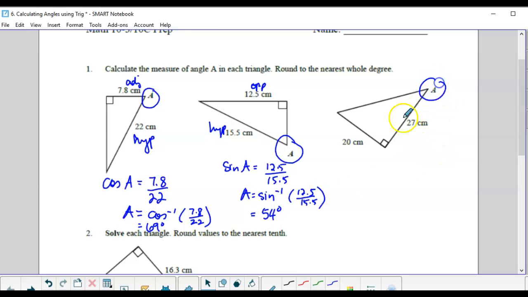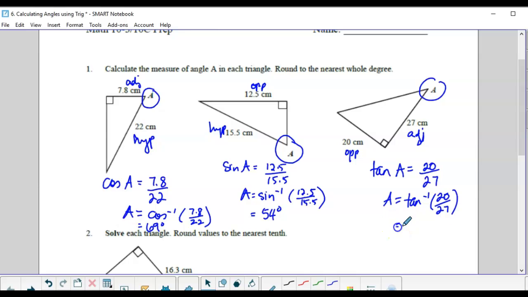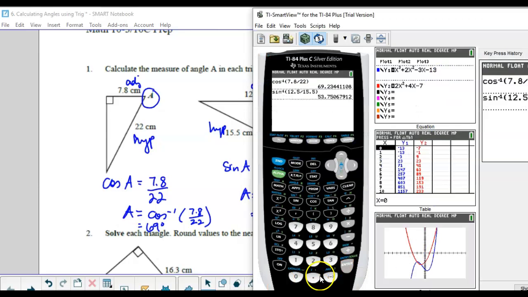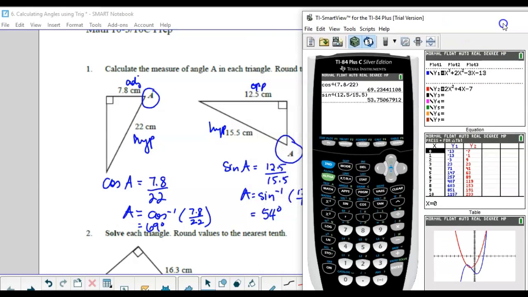And then A here, compared to that, this is opposite and this is adjacent. Okay, so we're going to use tan. So tan of A is 20 over 27. So A equals tan inverse 20 over 27. If you have a different calculator, then ask someone for help.